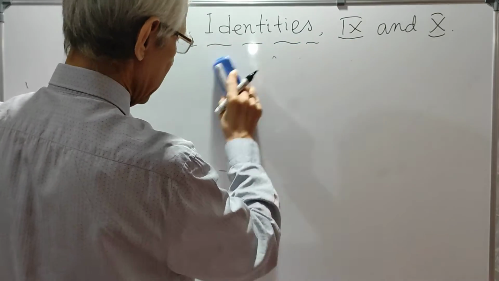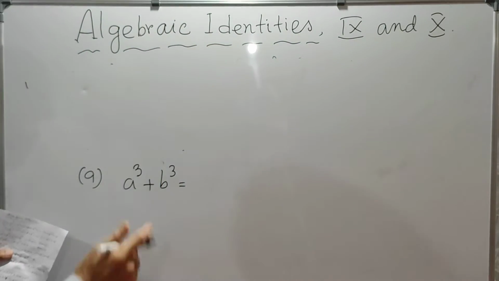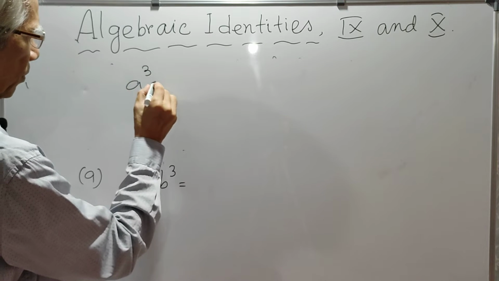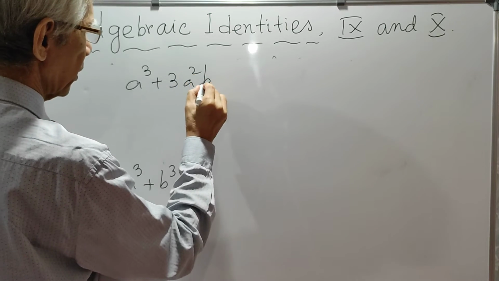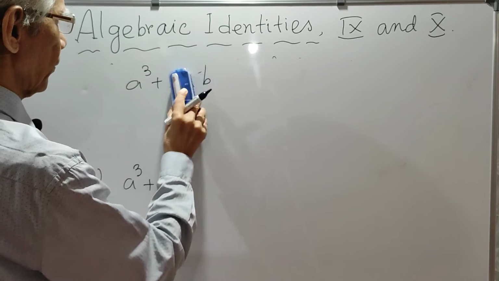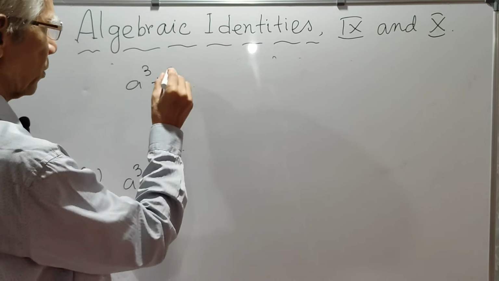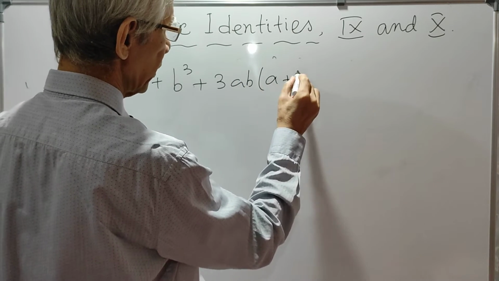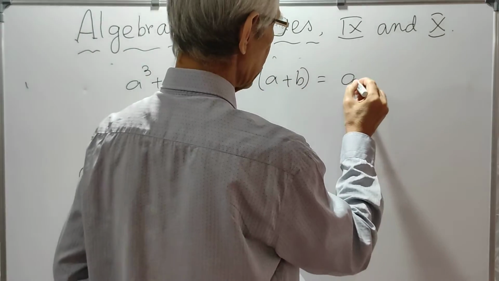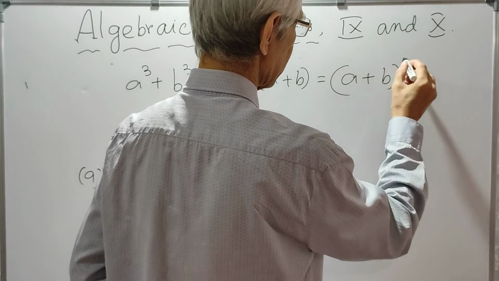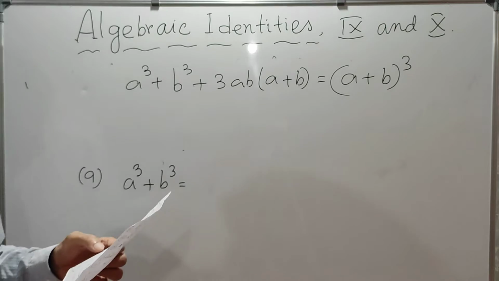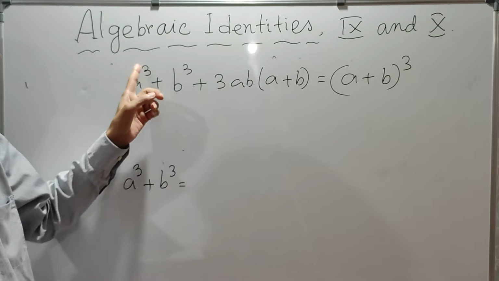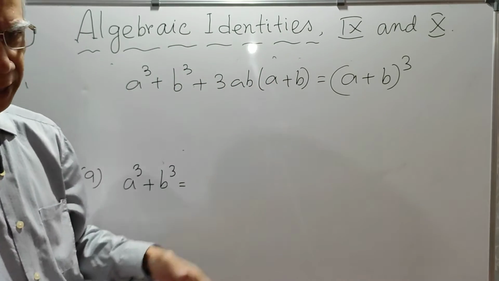Now you see, already we have got this identity, a^3 + b^3 + 3ab(a+b). So this was the identity (a+b)^3, isn't it? So that was the 7th identity. We just did the 7th identity. What was it? (a+b)^3 = a^3 + b^3 + 3ab(a+b). That's the second form.